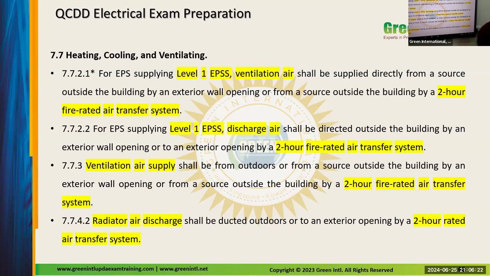Right now you can use Control F in 110; if you search for 1 hour, you won't find it. For EPS, at the most they use the 2-hour battery, 2-hour fire rated. So in your exam, without referring to the document, you can select 2 hours, and in the last 15 minutes you confirm your answers. See here, point by point, all of them mention 2 hours only.